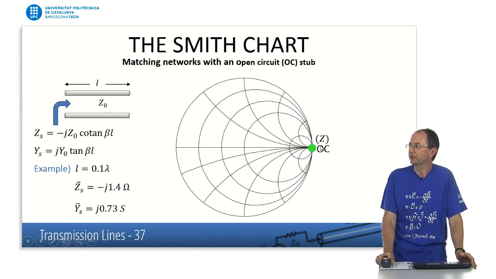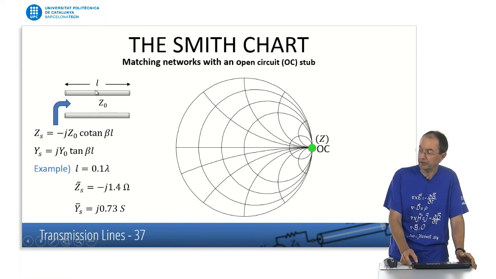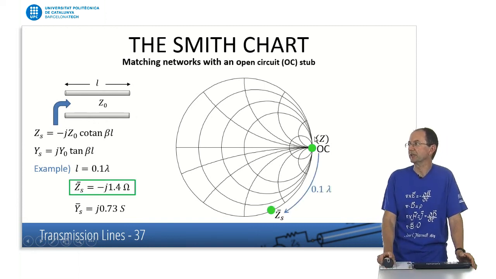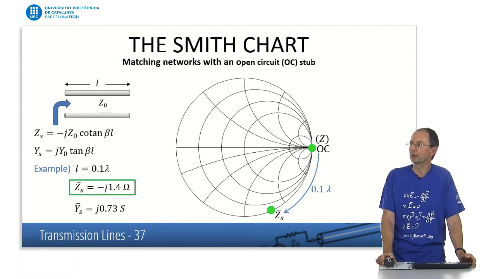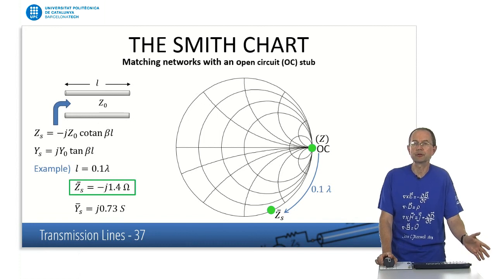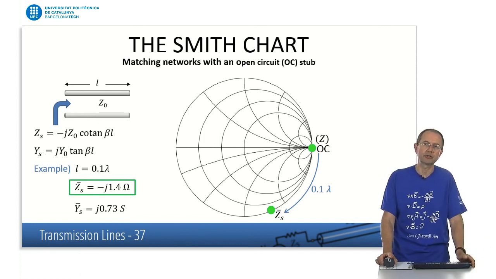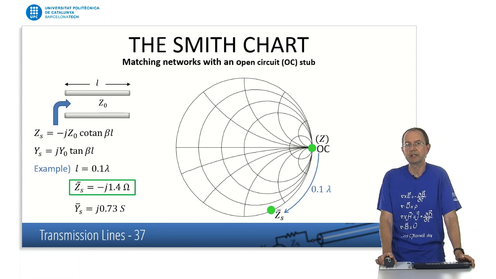Okay, we start here at this point. This is the open circuit, we know this. Now, we are going to move towards the generator 0.1 lambda. Okay, that's easy. Let's take the Smith chart. We move 0.1 lambda towards the generator, and that's it. That's the solution. That's the impedance, and the input is purely imaginary because a real part would imply some loss of power, some dissipation. There's no dissipation in this case. We are assuming a lossless transmission line in this example, so it is a pure imaginary number.